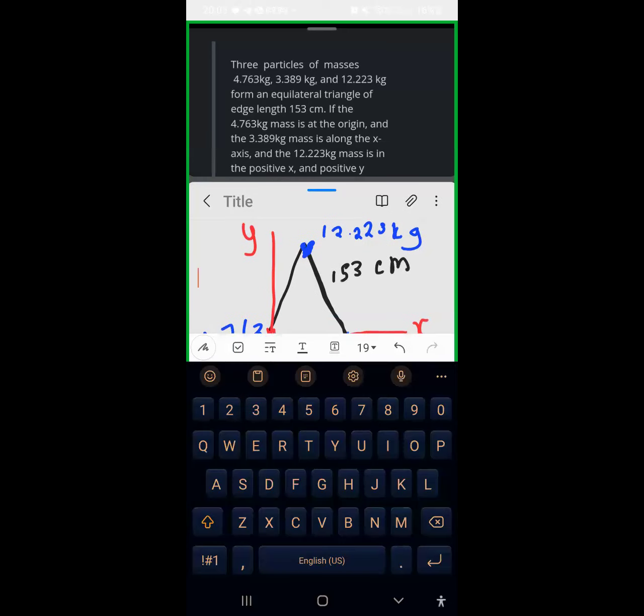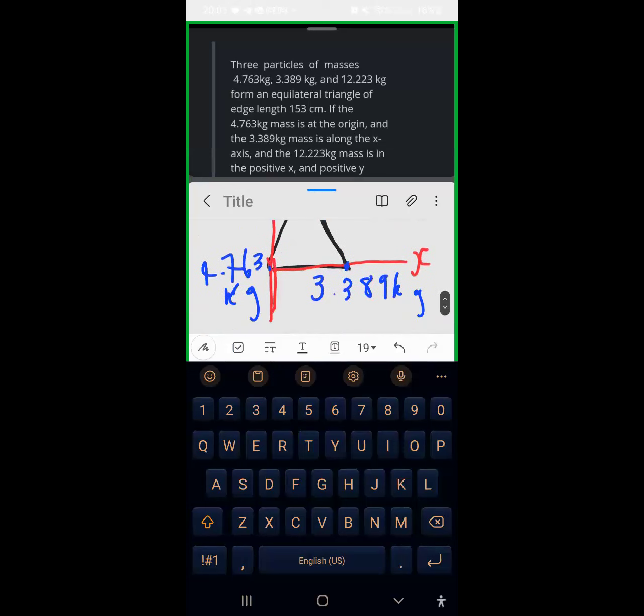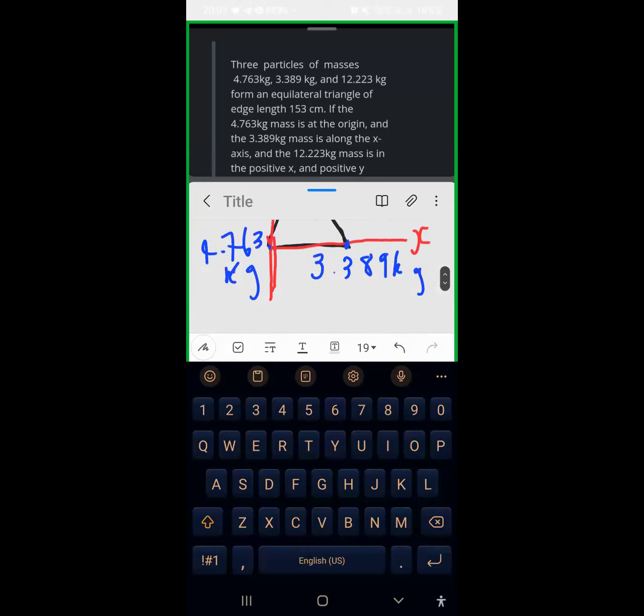So in order for us to find that center of mass, in most cases, I prefer to use a table, as it is easier to write all the unknowns and ensuring that nothing is left out.